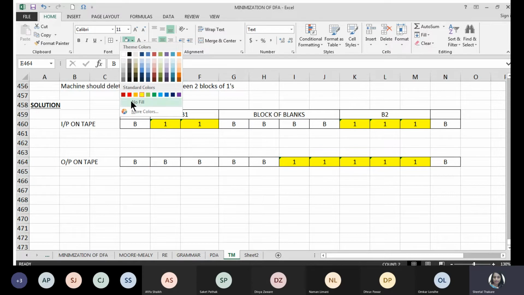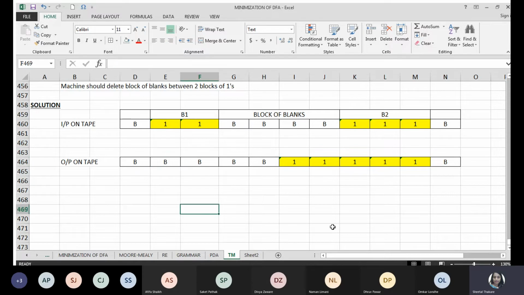So this is what is expected. No more blanks are there between B1 and B2. So this is your B1 and this is your B2, and contiguous spaces.